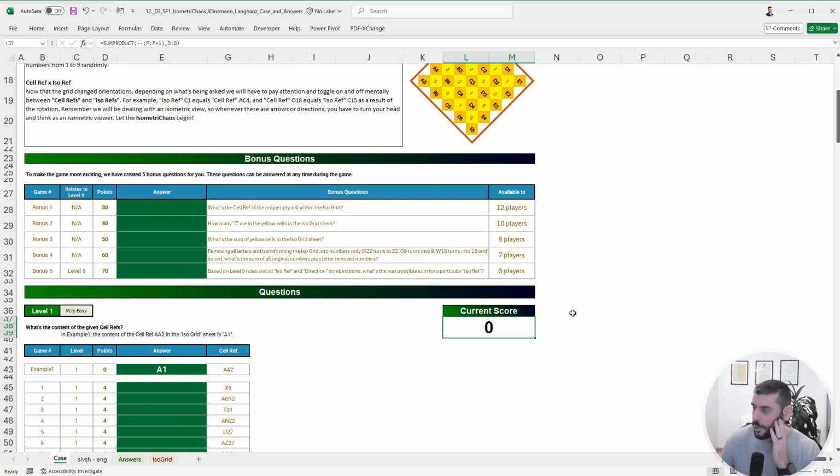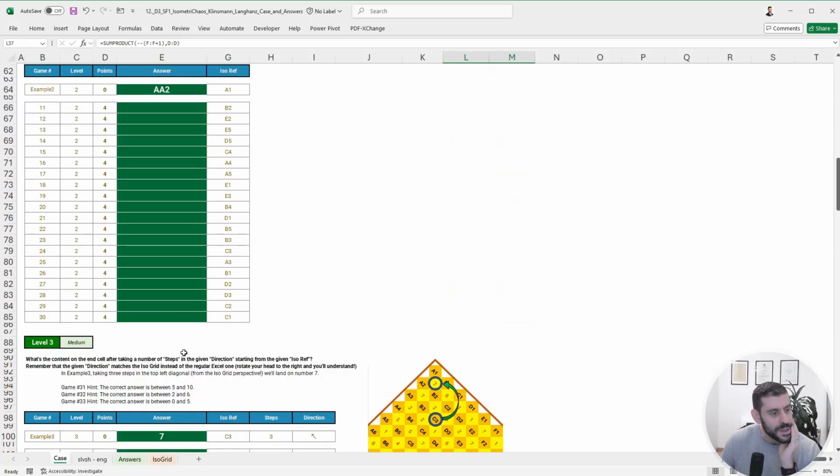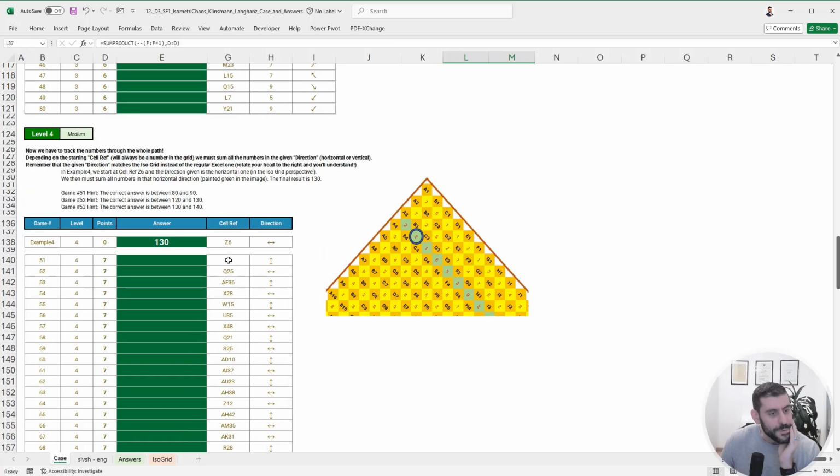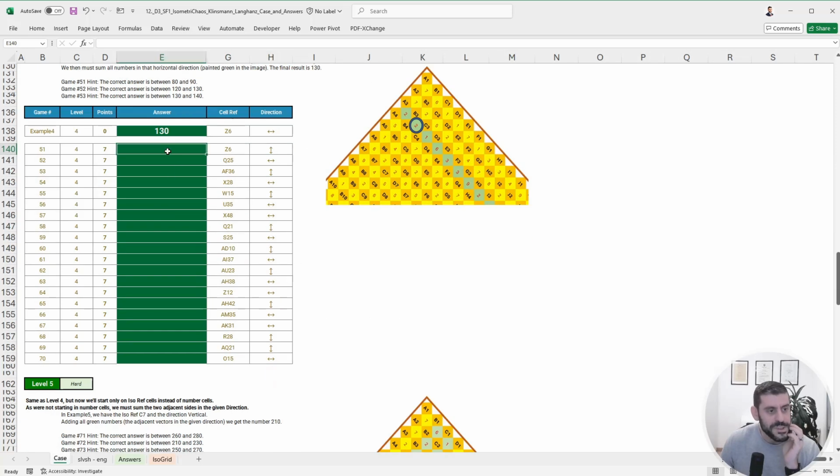My problem was I had a very good start, so I was probably in the lead of the competition until level 3, and then when getting to level 4, and I don't know why, honestly, and I will discover soon, I submitted my answers and scored partial points.